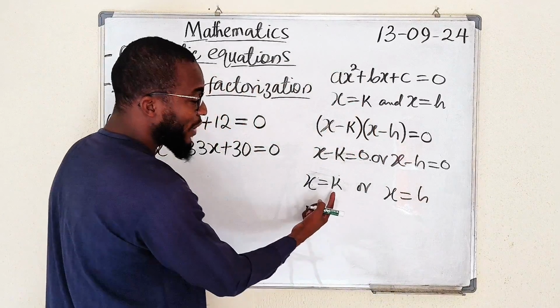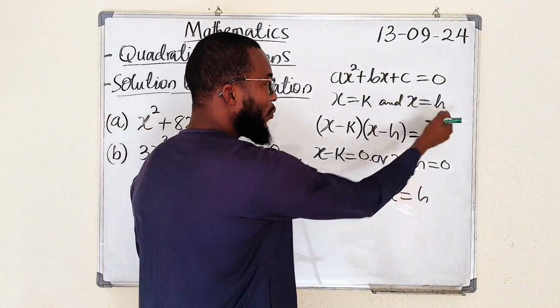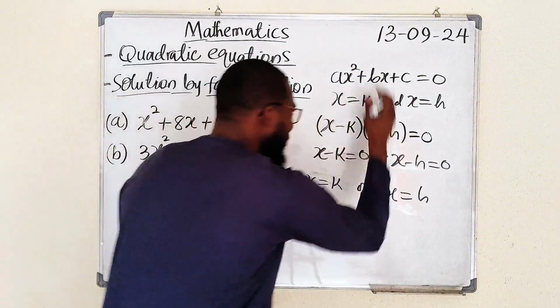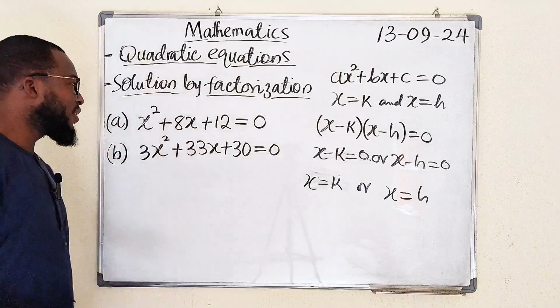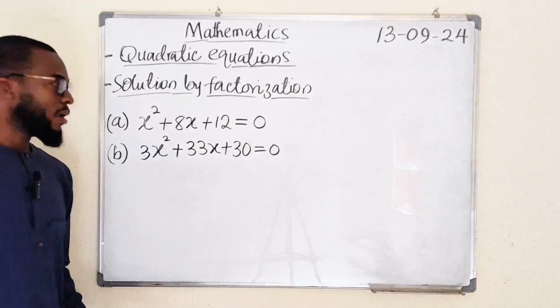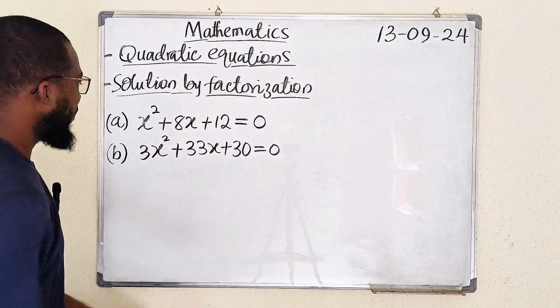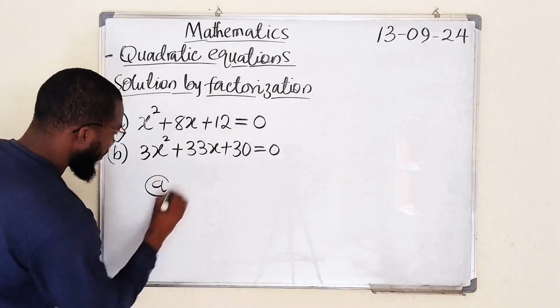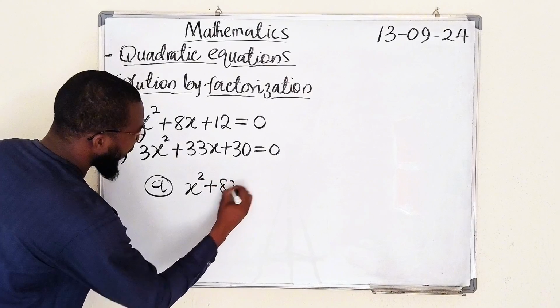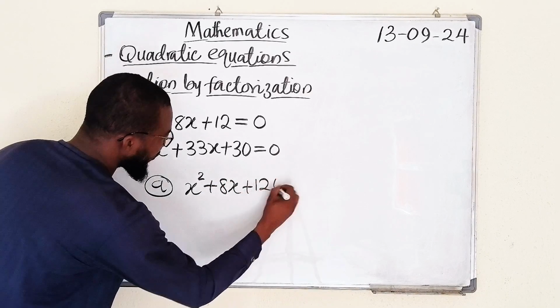This is why I told you we assume that k and h are the roots or the solution to that problem. So how do we apply this principle in factoring quadratic equations? So let me show you. The first one is x squared plus 8x plus 12 equal to 0.